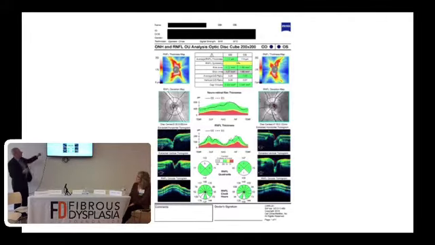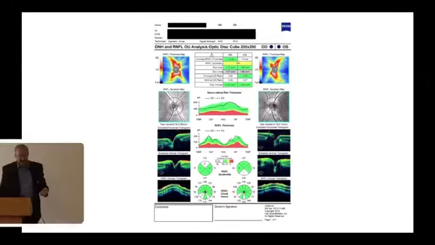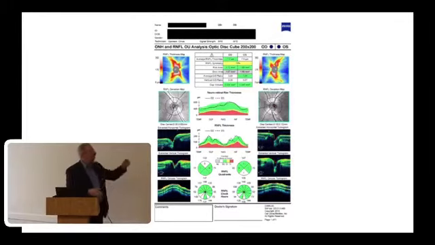And the other thing you can look at the top, it's just a heat map, and it shows you the same kind of thing, what's the density of the nerves. The first time you look at it, you have no idea what you're looking at, but you get used to it, and this one is a normal one. In an abnormal one, the lines that are going through would be down in the red. So that gives us an idea, is there loss of nerve fibers? Why would that happen?